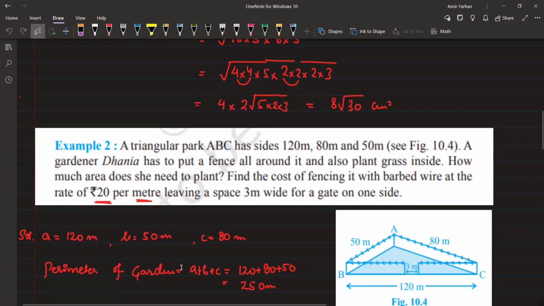Any answer for this question? A triangular park, this is an NCERT example too. First complete your NCERT, then do any book, any sample paper, any PYQ. It's completely up to you. I got the first answer from Afreen. Okay, Afreen. Anyone else?